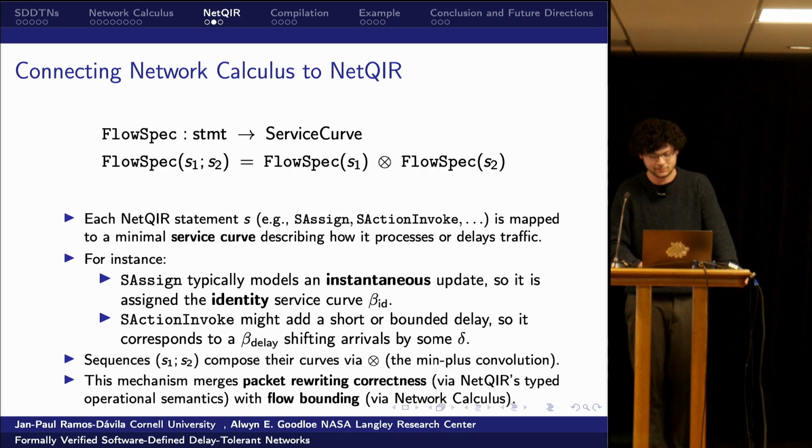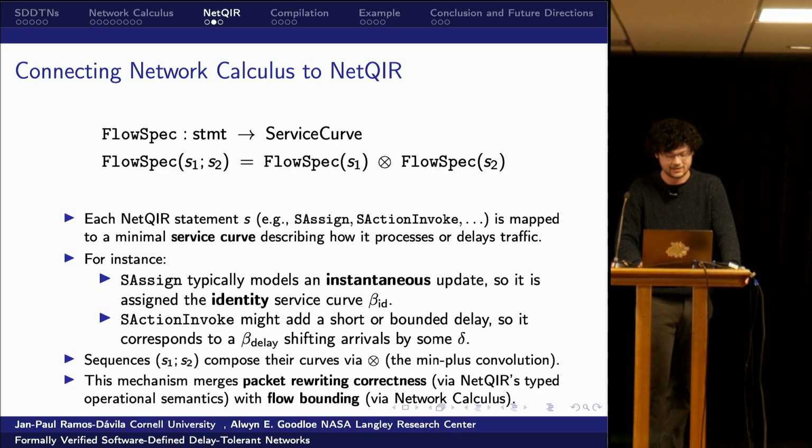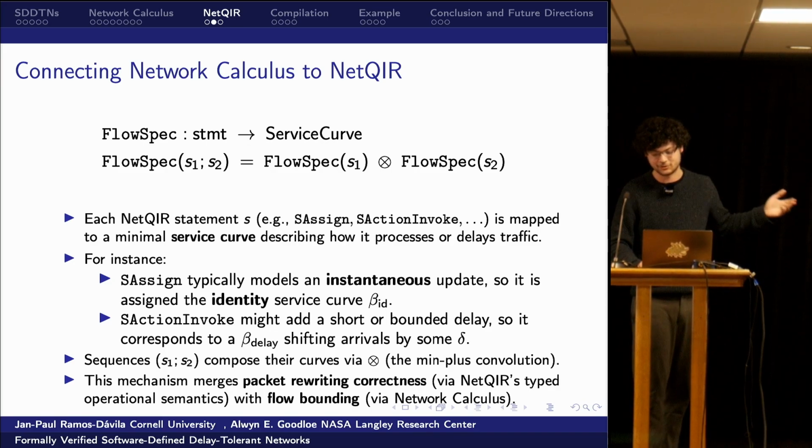As an example, we can say that if the invoking of an action corresponds to 1 millisecond of processing, then we can model that processing delay as a simple beta.